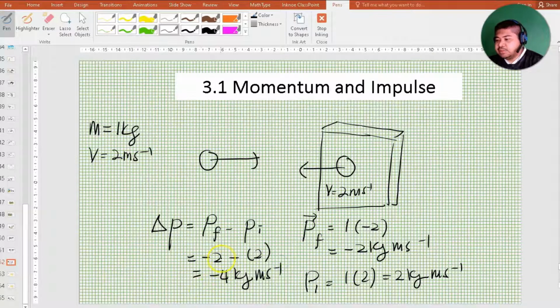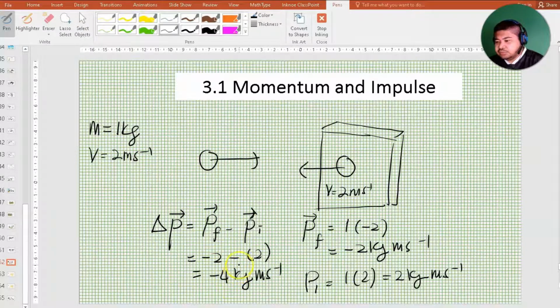So the change in the momentum when a ball bounces off the wall is -4 kilogram meter per second. The negative at the front is just telling you the direction of the change. Don't worry too much about the negative. The negative is the direction. So the magnitude of the change is 4 kilogram meter per second.